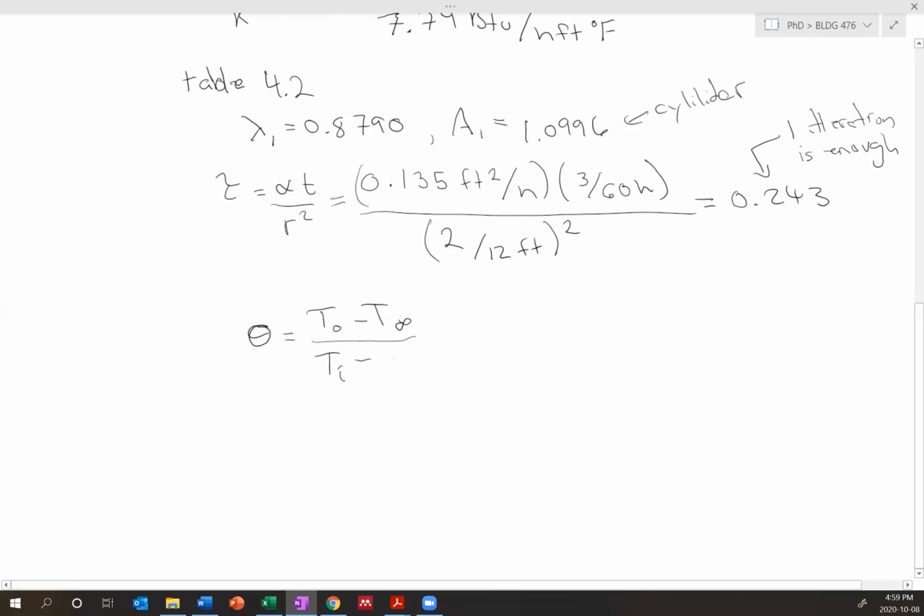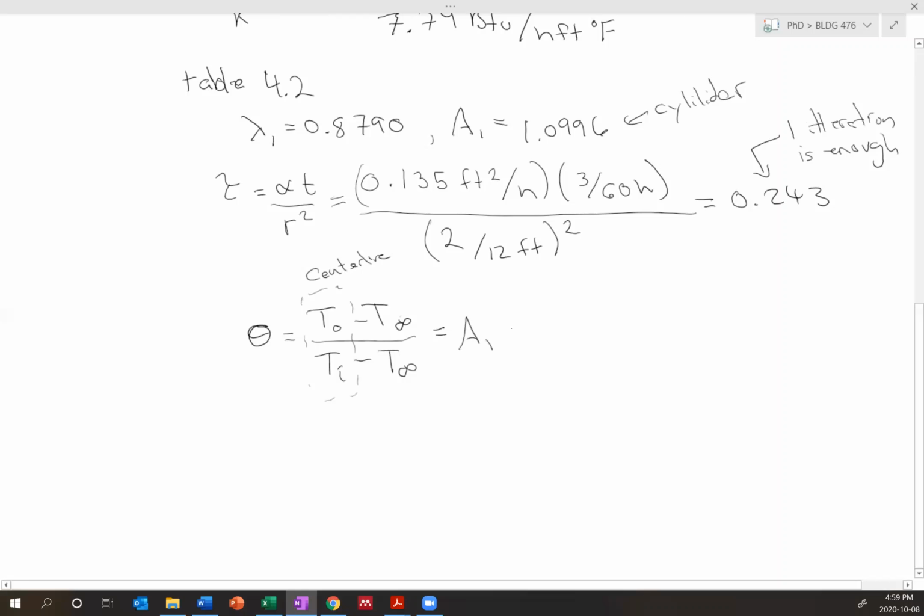Ti is the initial temperature, also of the center line, and this is T infinity. So these are both center line temperatures. So we have it at our current time and then at our initial time.